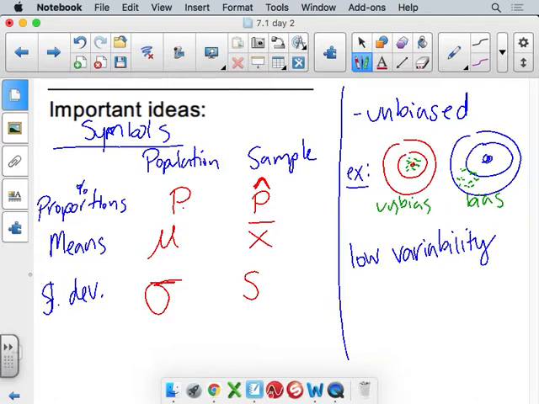If I do a sample size of 2 people of Bryan High, a random sample, I might accidentally get the 2 shortest people, and then it's really low. And then if I do another 2, it might be the 2 tallest people. So my spread's going to be really big.